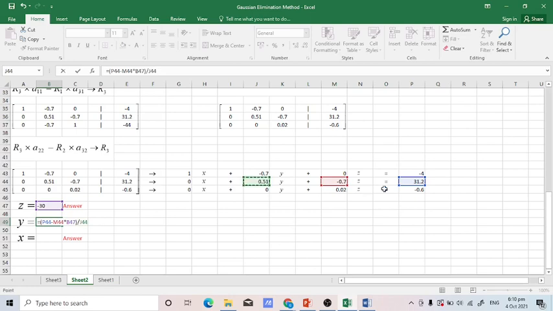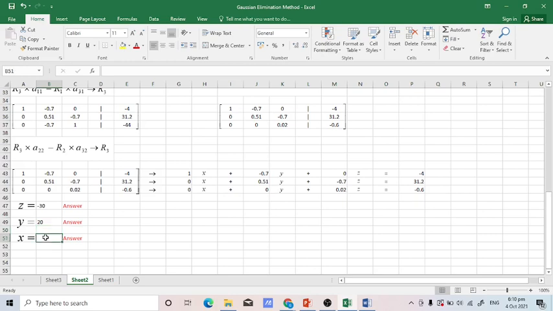Okay? So, ito, 31.2, P44 minus transpose mo yung negative 0.7Z sa kabila. Kaya minus N44 times B47. Okay? Yung Z kasi, ito yung negative 30. Tapos, over 0.51. Itong J44. Enter, positive 20.